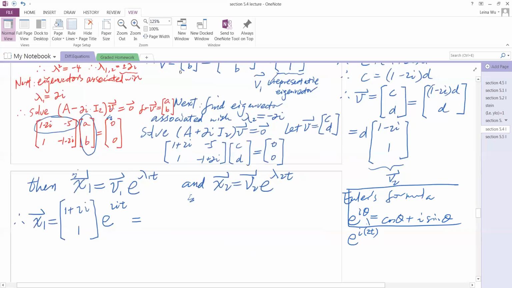You guys following me? Okay, so you just replace the theta by 2t. You have cosine 2t plus i sine 2t. So I'm going to write this e raised to 2it as 1 plus 2i, 1, times cosine 2t plus i sine 2t.